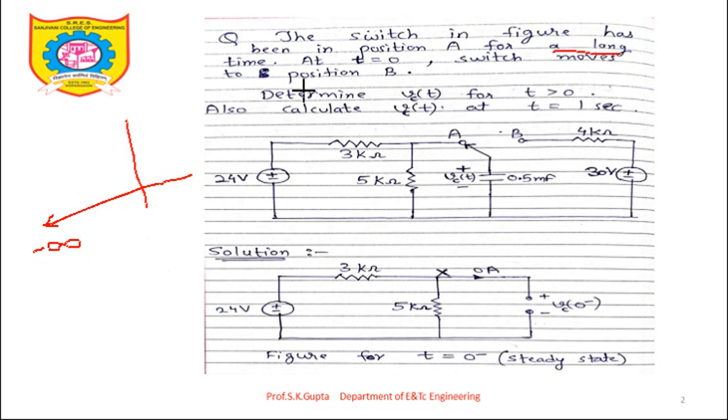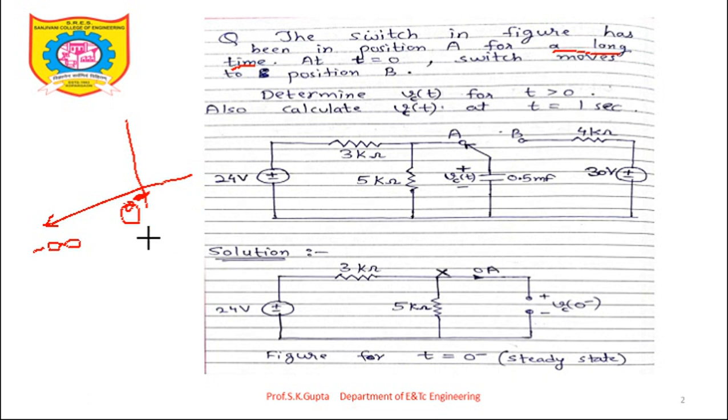When I come near to t equal to 0 minus, definitely a long time has occurred, and once a long time has occurred, we have two responses, transient response and steady state response. Long time means steady state response.